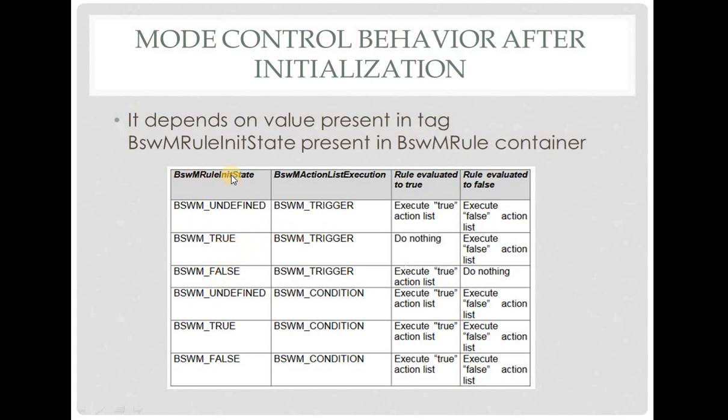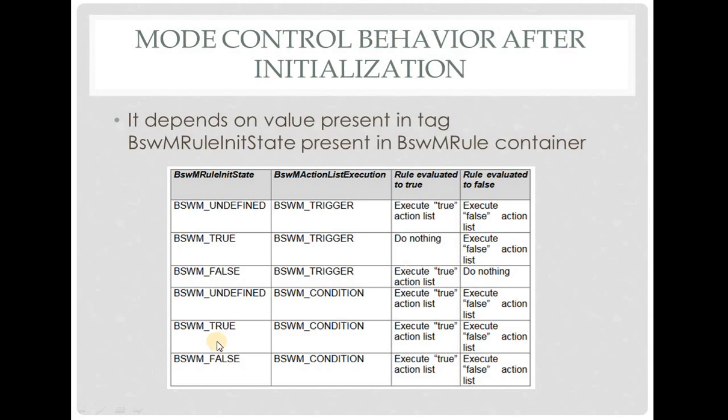So this rule init state will have an important role if the action list is triggered. For condition, whenever the true passes, true will be executed, and whenever the false passes, the false action list will be executed. So there is no meaning for this rule init state tag.